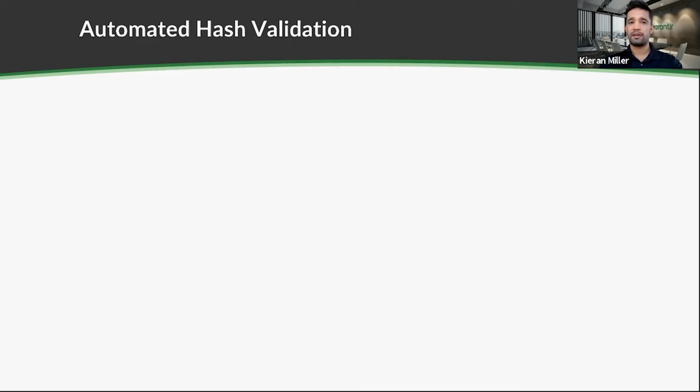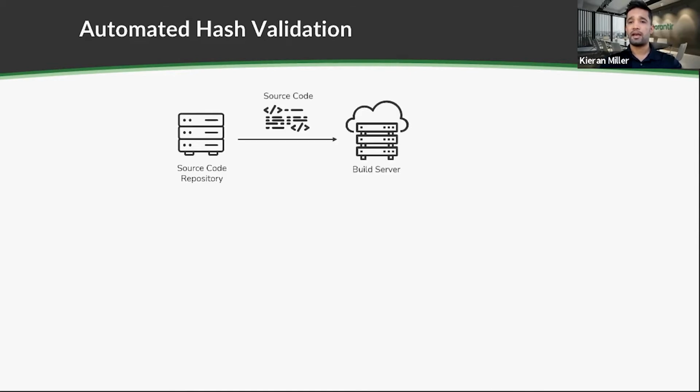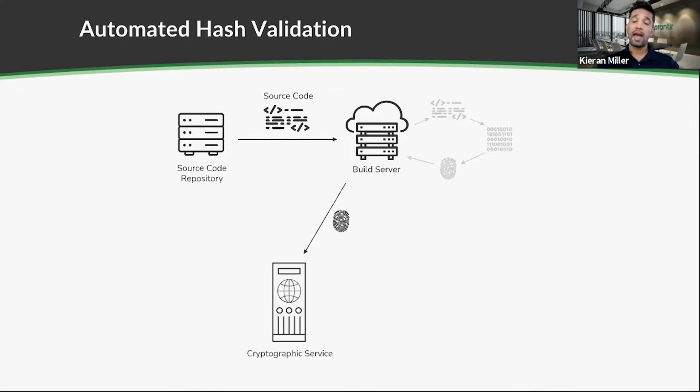It's the same concept. So here we have the source code repository and the build server, and the build is triggered. The build does the compilation activity, and now it sends the hash over to the signing server, because we're doing client-side hashing. The signing server asks, is this a hash that I want to sign?